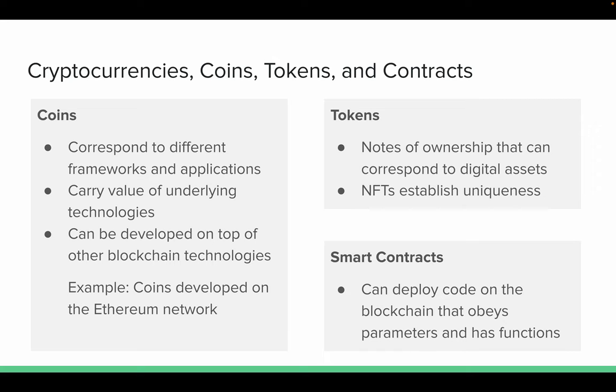Also, these coins carry a value, assuming that they represent active markets and that they are a useful means of transaction where people will use them as other currencies in the world.